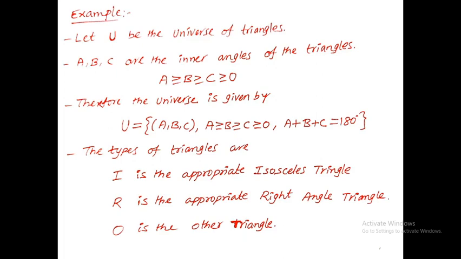So this is a condition. Let us assume there are three types of triangles. I is the isosceles triangle, R is the right angle triangle, and O is the other triangle. Simply, here three conditions or three rules were framed.